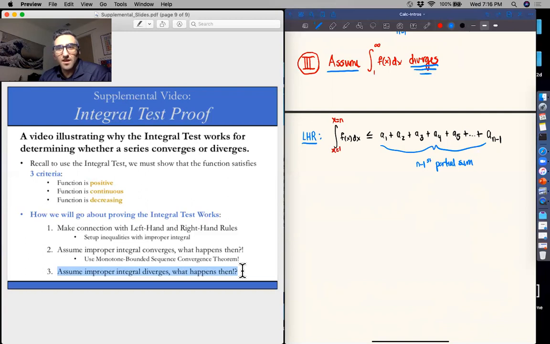So the other thing I want us to recognize here is this integral, we don't really know anything about right now, but we know something about an integral that's very similar to it. In fact, it's the full improper integral. So for example, from our assumption up above, the integral from 1 to infinity of f of x dx diverges.